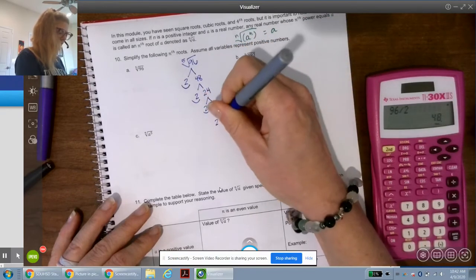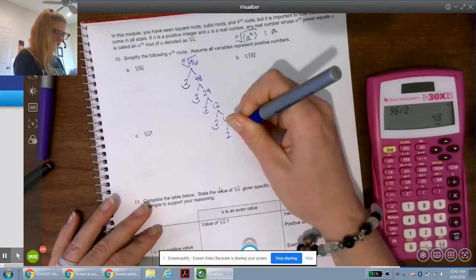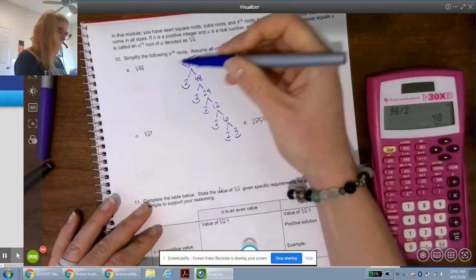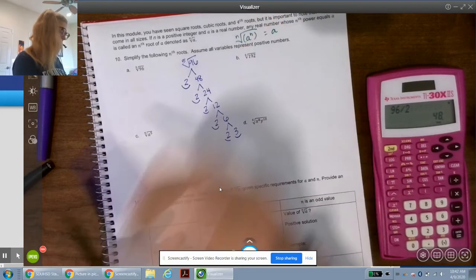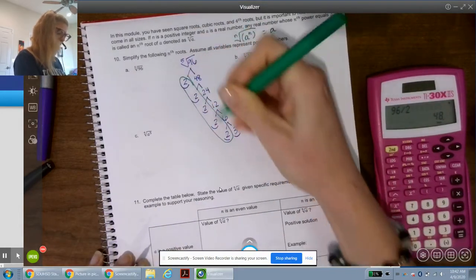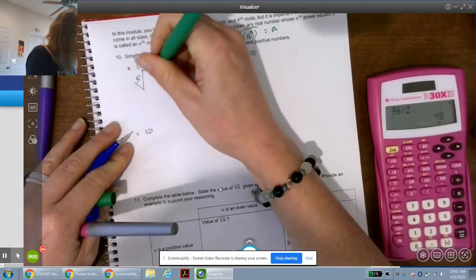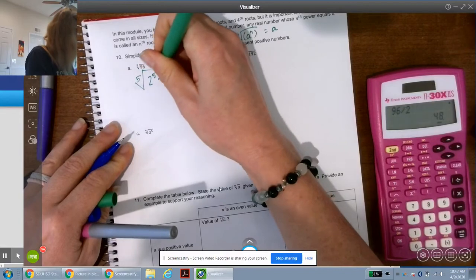And half of 12 is 6. And half of 6 is 3. So let's see, 1, 2, 3, 4, 5. Excellent. So here's a group of 5, and then don't forget about this 3. So this is the fifth root of 2 to the 5th times 3.